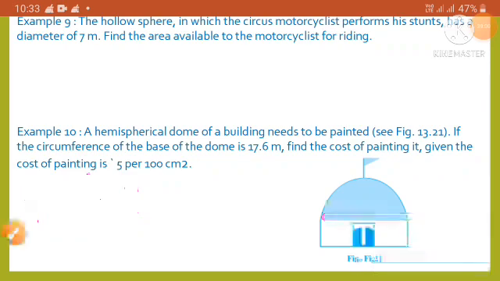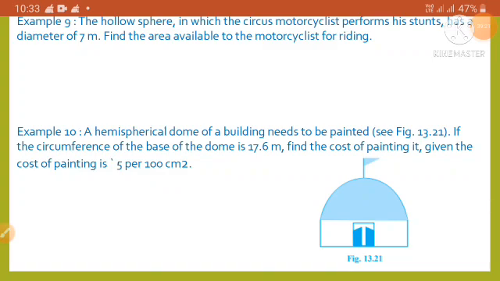Okay. So since only the rounded surface of the dome is to be painted, we would need to find the surface area, that is curved surface area of the hemisphere, to know the extent of painting that needs to be done.